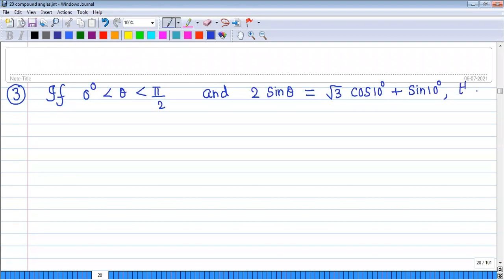Then theta equals, since theta lies in the first quadrant, it must be between 0 and pi by 2 only: 70, second option is 50, third option is 60, fourth option is 40.